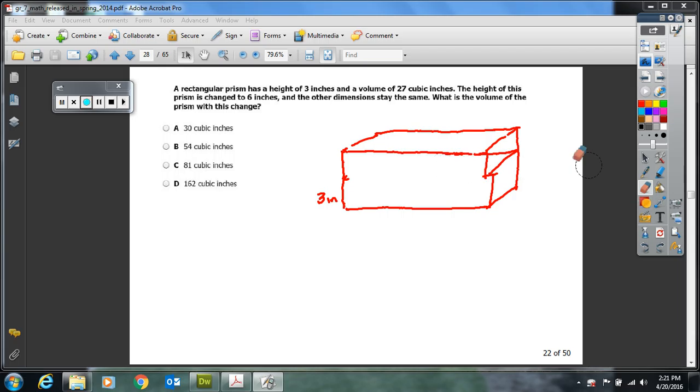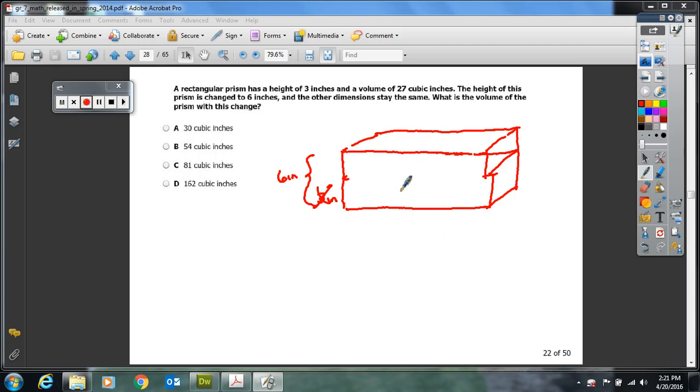All right, so this new prism we're trying to find the volume of, and since it went from 3 inches to 6 inches, that means it looks like the height of this thing doubled. So literally we have this one object stacked on top of the other object, essentially kind of that idea. We have the original got doubled.